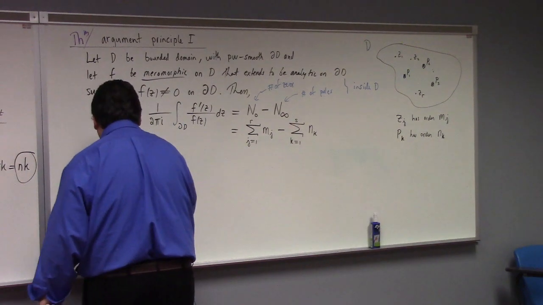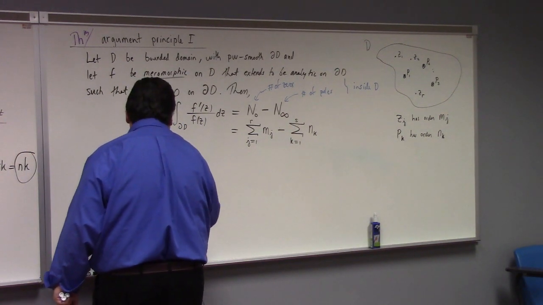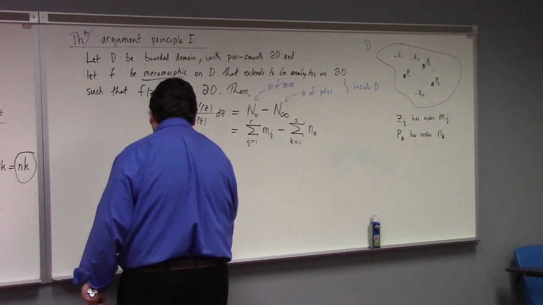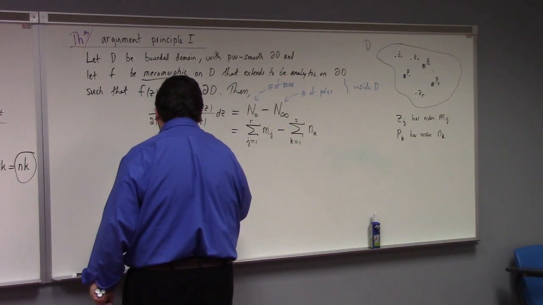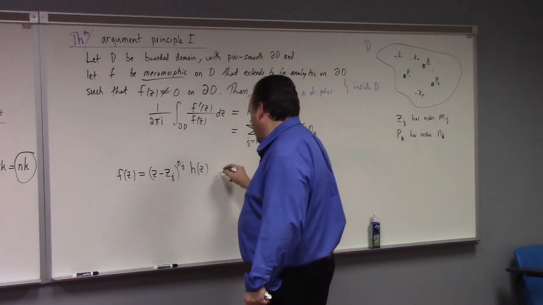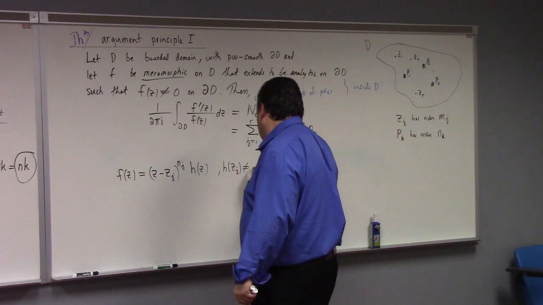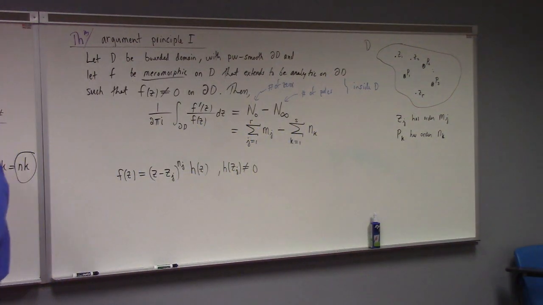What's that look like? f of z would be equal to z minus zj to the nj power times h of z, where h of zj is not equal to 0. That's what the factor theorem for a holomorphic function says.